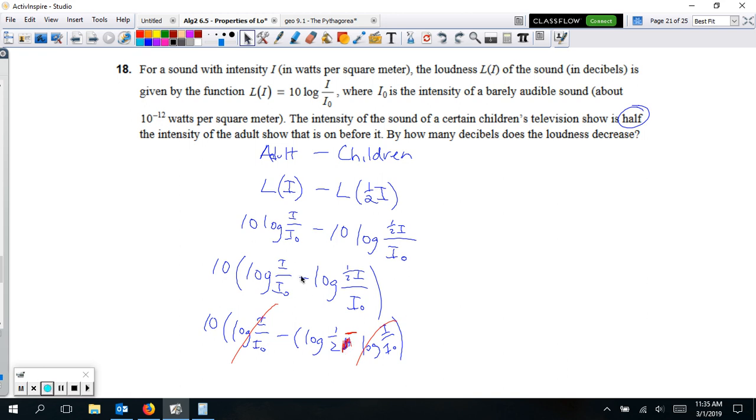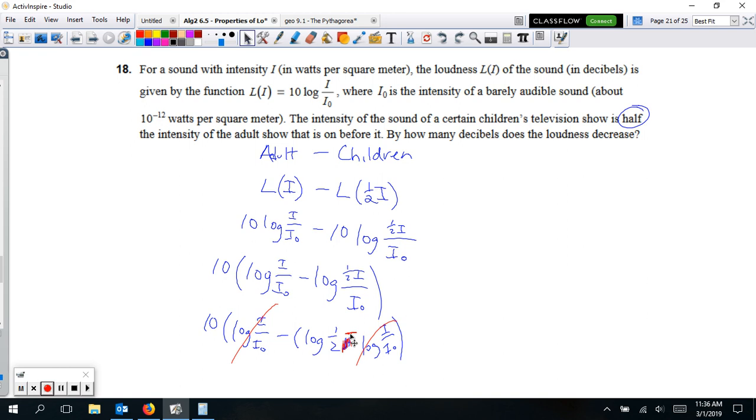Because of the minus sign here, it's going to affect both of these, changing the sign. That's why I'm putting this in parentheses, to show we have to distribute the negative in front of this log to both of these, making this also a minus sign here. The product makes this a plus, but because of the minus sign in front of the whole log, we have to multiply by the negative, changing that back to a minus.